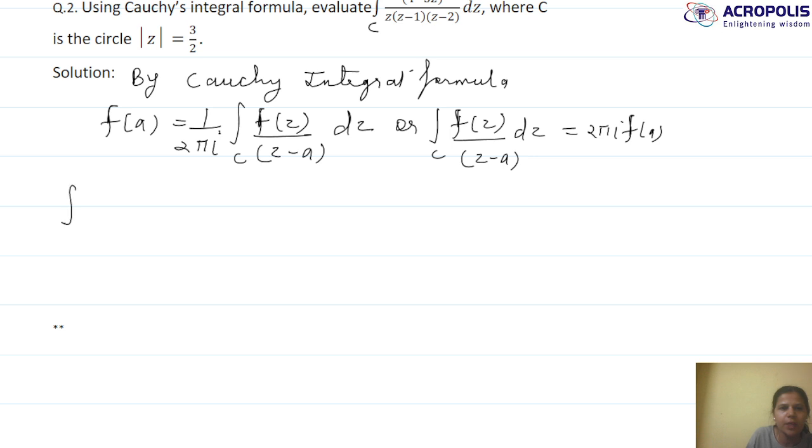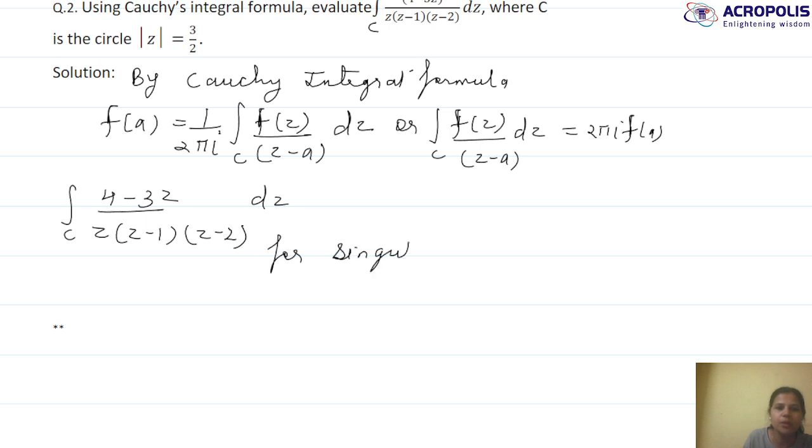First we have the integration along C of (4 minus 3z) over z(z minus 1)(z minus 2) dz. What you need to do first is check the singularity. So for singular points, put z(z minus 1)(z minus 2) equal to 0.